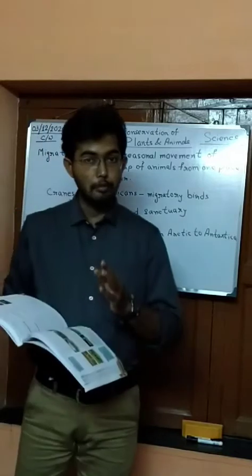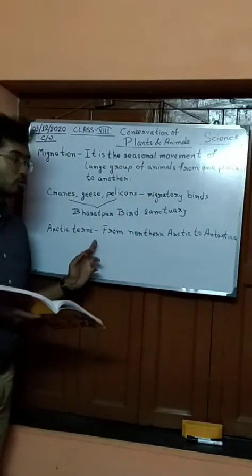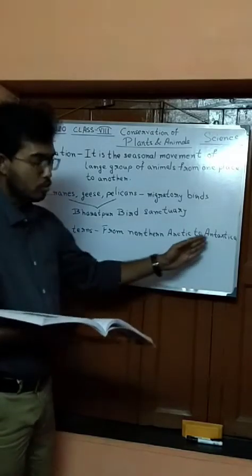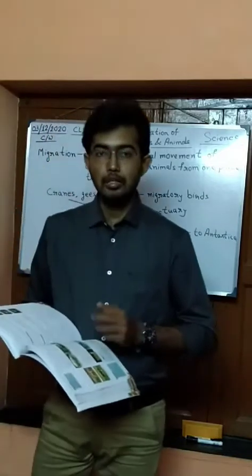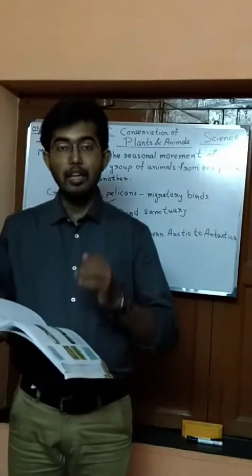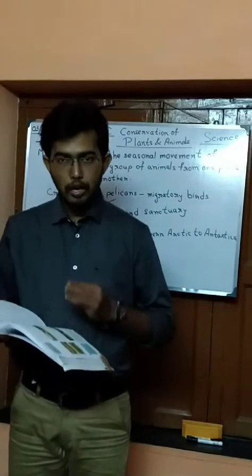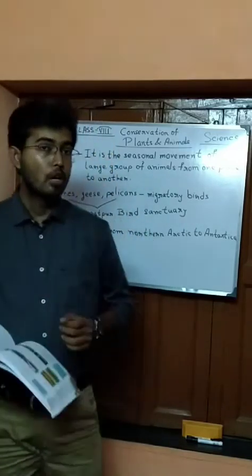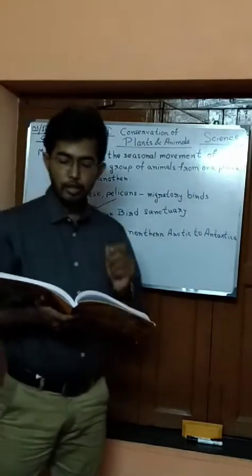So in every 6 months, this migratory bird, that is the Arctic tern, migrates from northern Arctic to Antarctica, students. Now in every winter season, students, Siberian cranes migrate from Russia to warmer climates like in our country. Now you can see the Siberian cranes in Bharatpur Sanctuary as well, students.